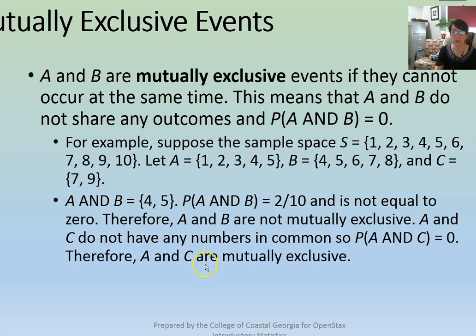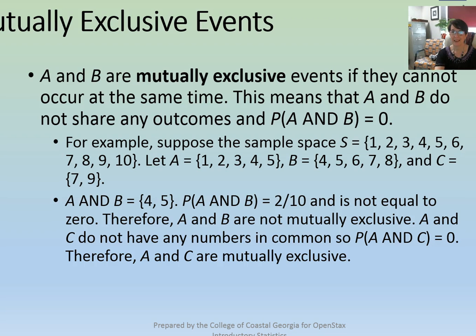It also walks through what is not mutually exclusive, and I think this is a pretty good exercise to help explain those words. If you want to pause and read that, that would be great. That's our last slide. Okay, good luck. It was a short one, but some important points about independent and mutually exclusive events.